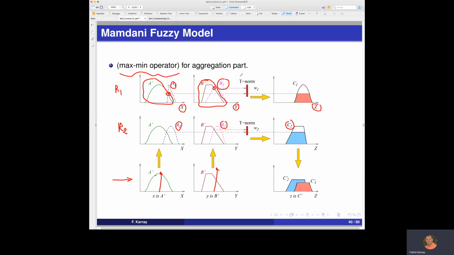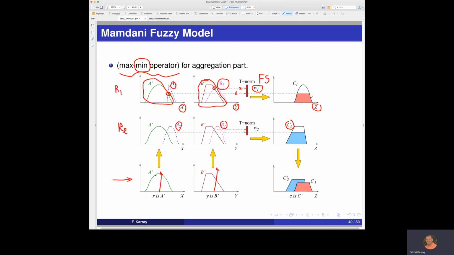And then simply we take a T norm. We have seen that the default T norm is going to be the minimum operator. So we take the minimum of this value here and this value here to obtain what is known as the firing strength. This is the firing strength we defined last time when we spoke about fuzzy inferencing.